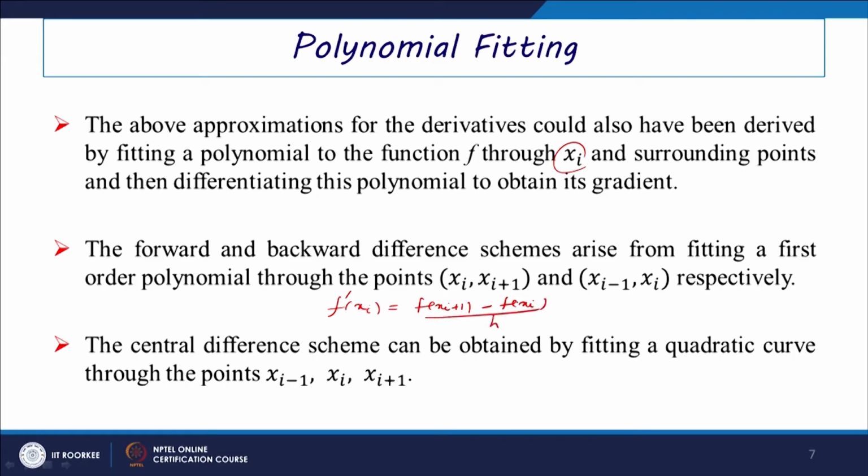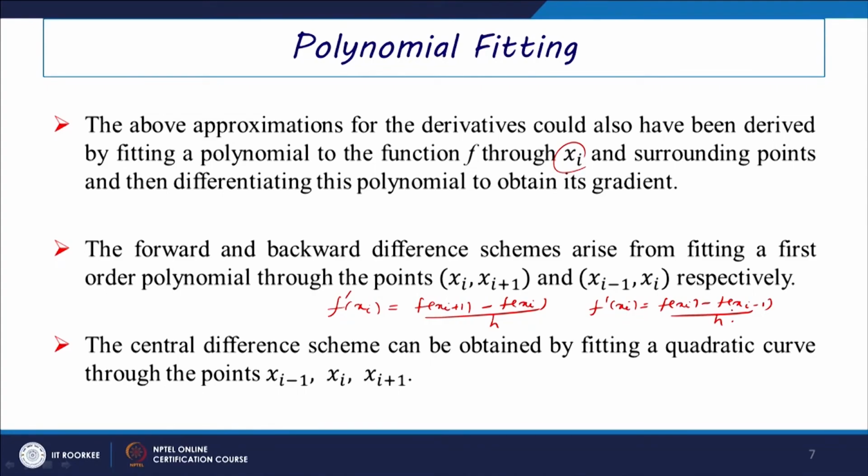Similarly, we define the backward difference scheme: f dash of xi can be written as f of xi minus f of xi minus 1 divided by h. So if we can fit the function associated with the grid points with a polynomial, it is very easy to get the differential formulation.